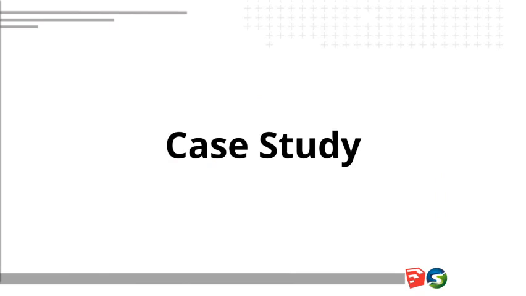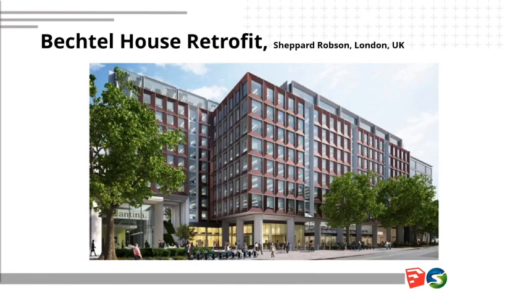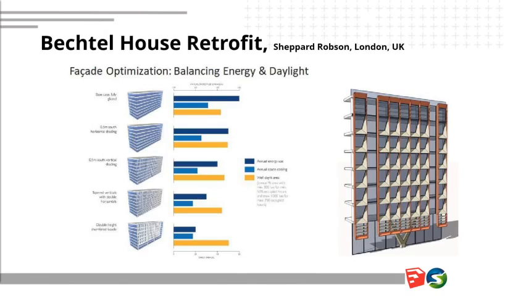And let's look at this case study done by a designer from London in Bethel House Retrofit. Here, the designer executes a facade optimization where, from the base design, he is able to do a gradual transformation to balance energy and daylight.